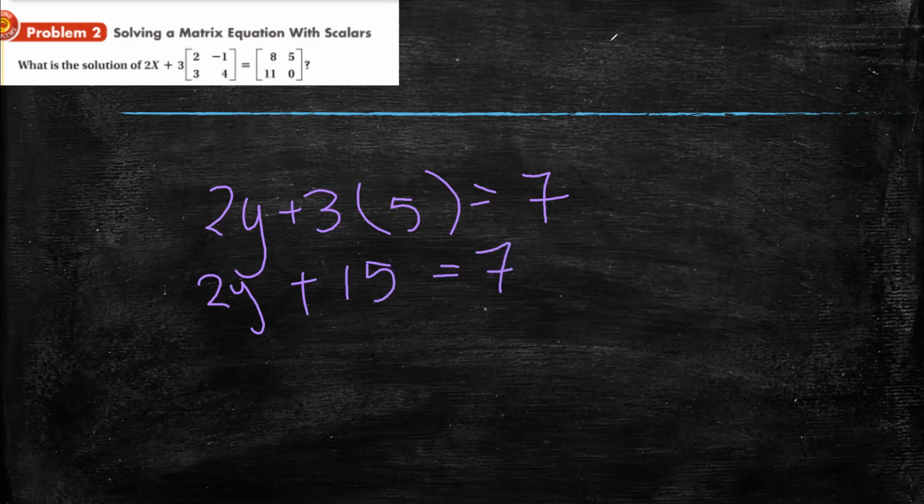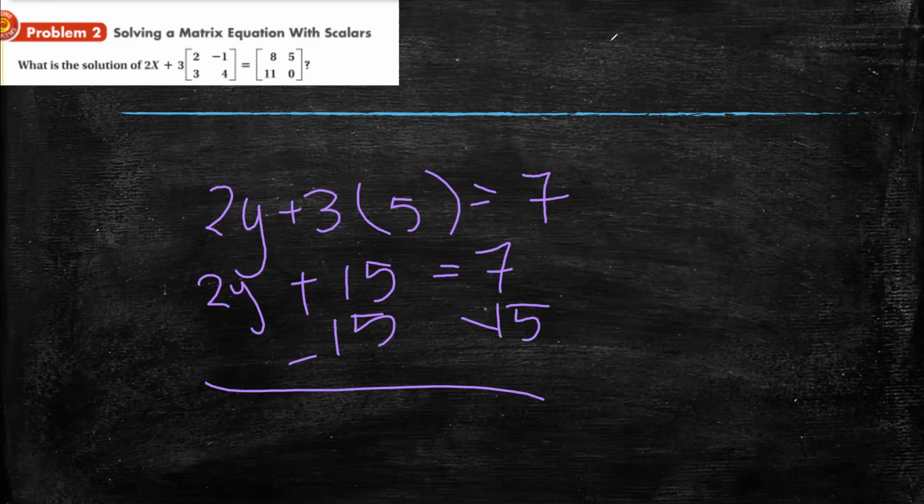Then, where's my variable? It is y. This 2y is added to 15. I want to isolate the variable in one term and the other numbers in the second term. Since y is added to 15, the opposite of addition is subtraction, so I subtract 15 from the two sides.